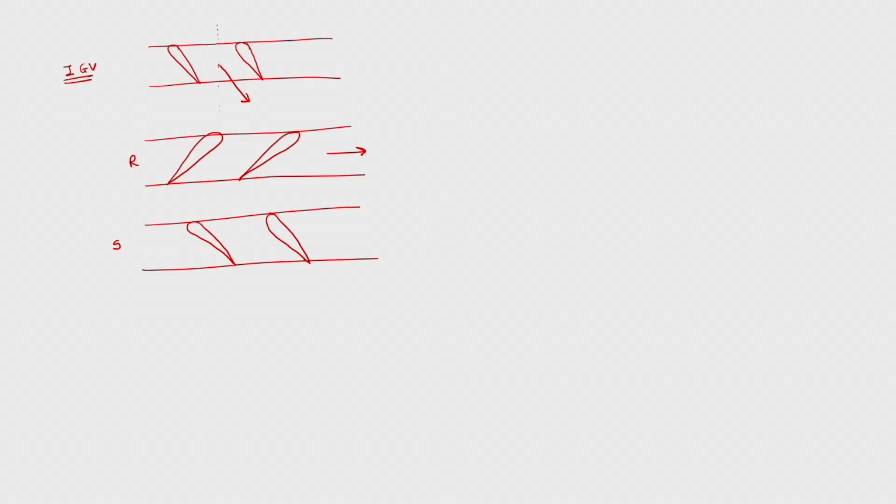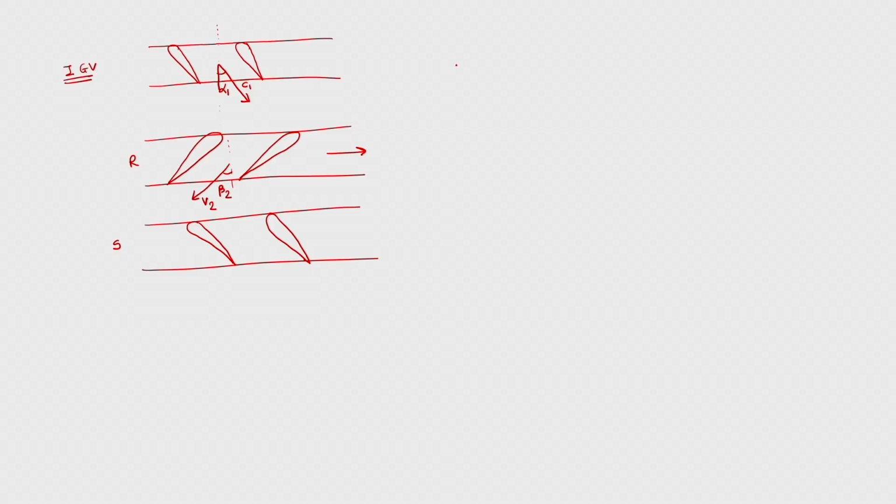Okay. So, this is the absolute velocity c1, which makes a certain angle alpha 1 with the flow while coming in. But when we are on the rotor, we have to talk about relative velocity. With this relative velocity, the flow is going out. This angle is beta 2.